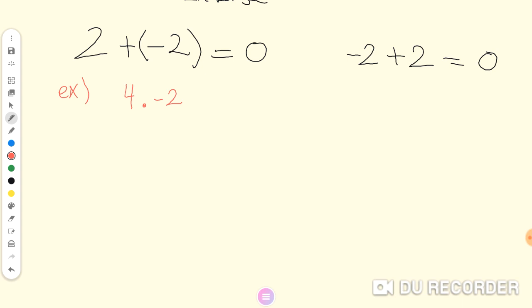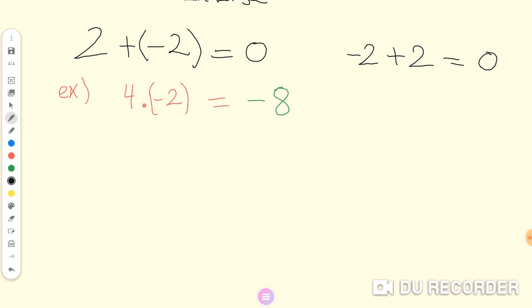The additive inverse of negative 2 is 2. Can anyone tell me the answer now? The answer is negative 8, since 2 times 4 is 8, but I don't just need the answer. I need it mentally.